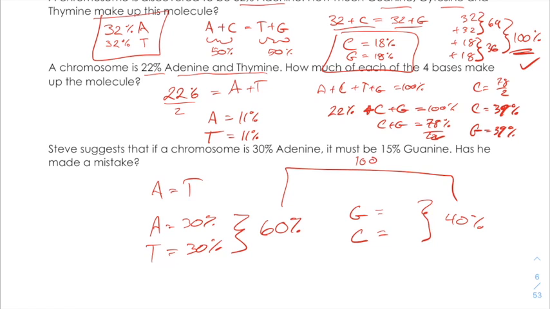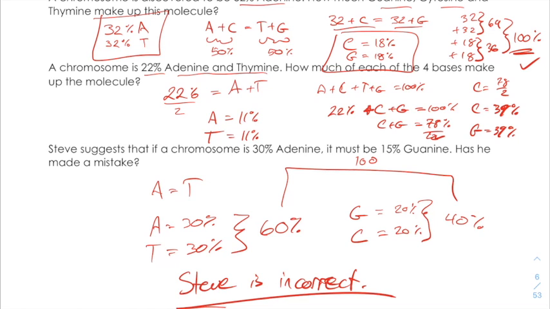Because this has to be 100. So that means that C and G have to be 20% each. And so we would say that Steve is incorrect. C and G equal 20%.